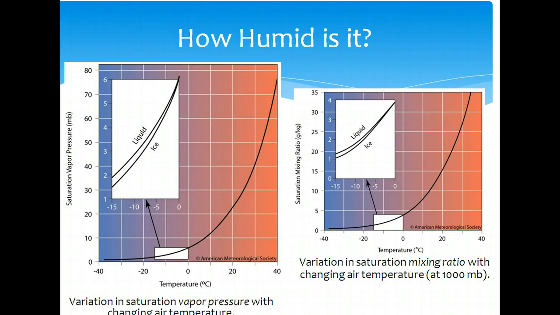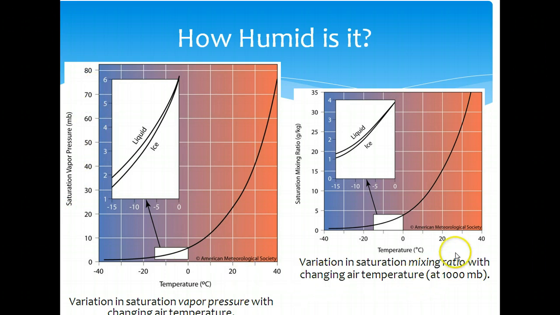These two graphs show us the variation in saturation vapor pressure, and keep in mind that means simply the vapor pressure at equilibrium with the changing air temperature. So if we look at the variation in saturation vapor pressure, we can see as the air temperature increases, the saturation vapor pressure in millibars also increases.